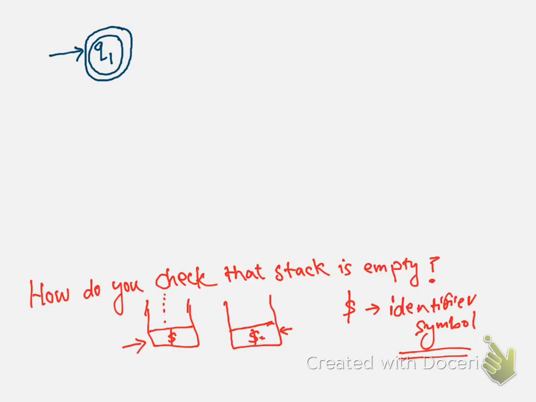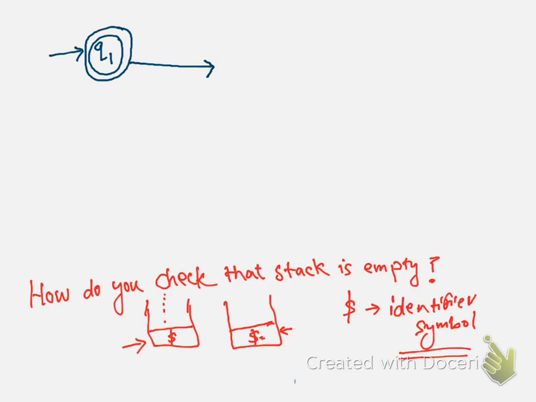So what I am going to do now is, from Q1, without reading anything, push this dollar in the stack, and then I will do my remaining operations, and whenever I see $1 again, it indicates that my stack is empty.